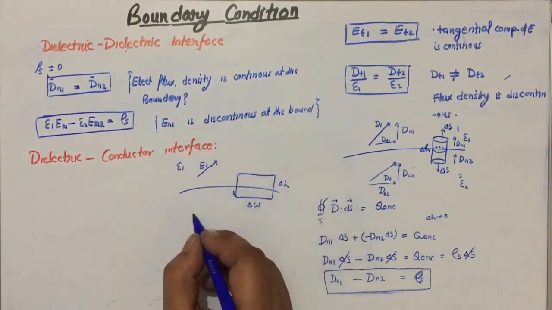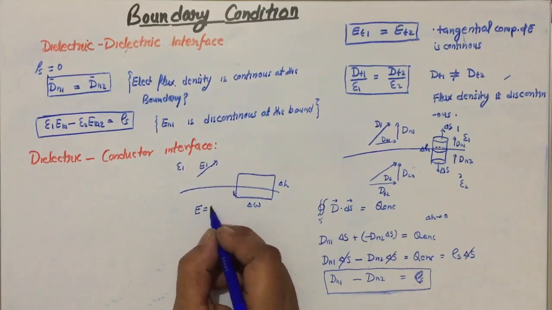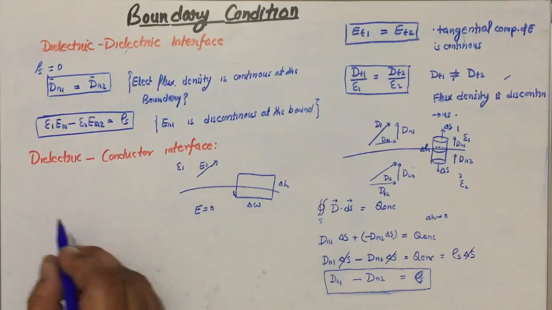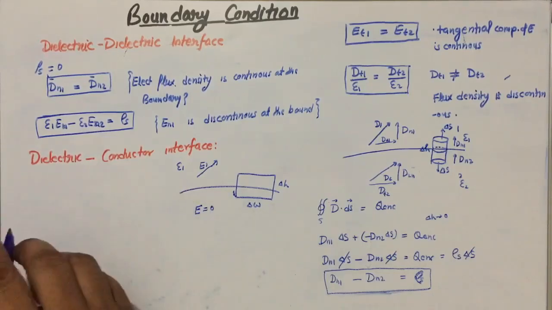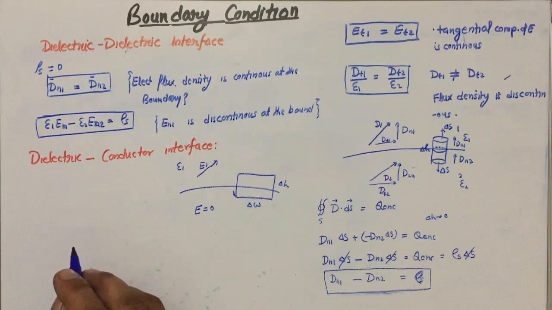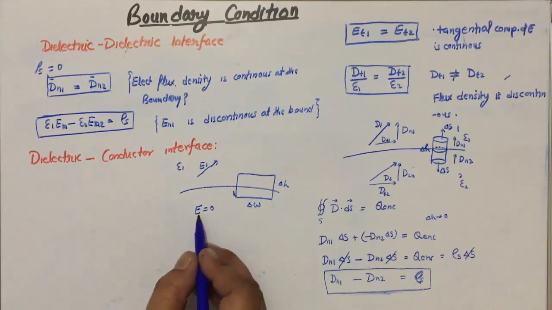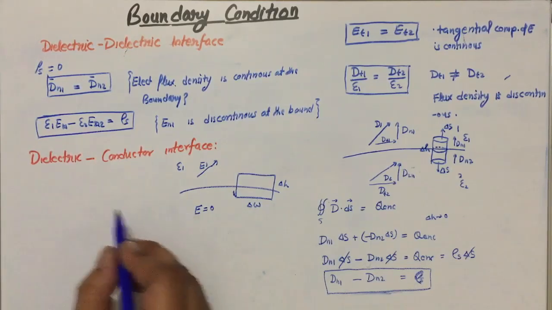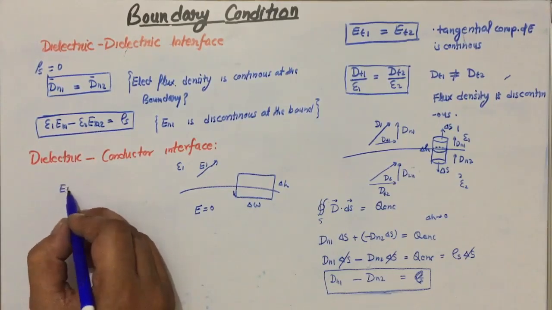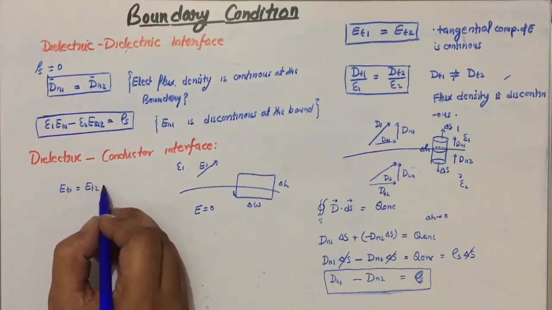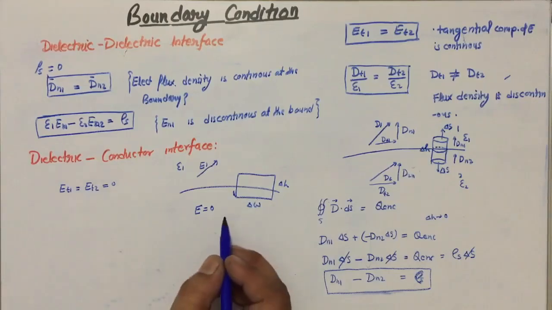Here in the conductor we know E will be equal to 0. As we came to know that the tangential component of the electric field is continuous at the boundary, and as E is 0, Et1 will be equal to Et2, which is 0 at the boundary.